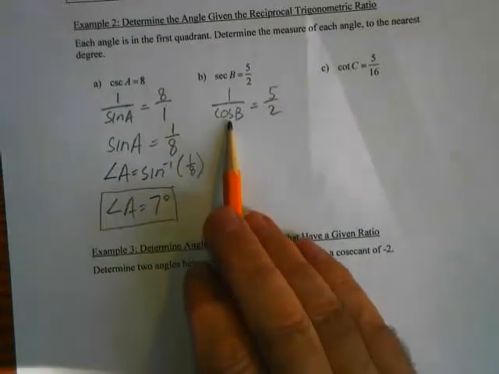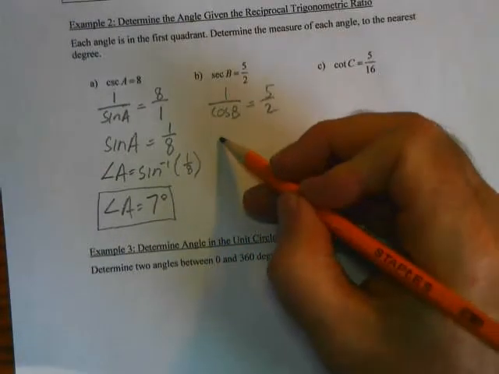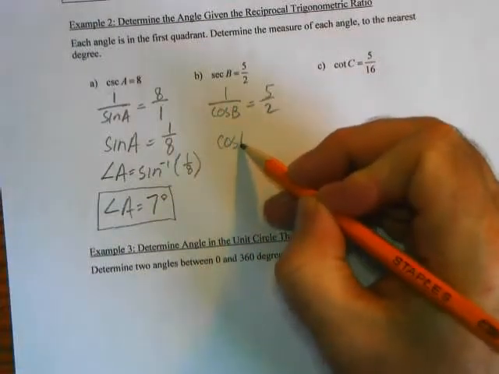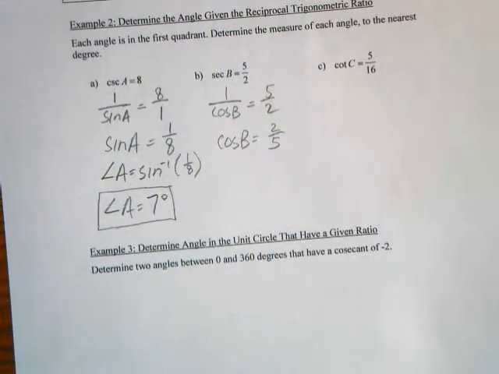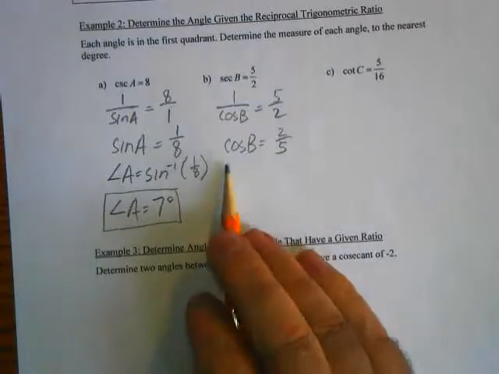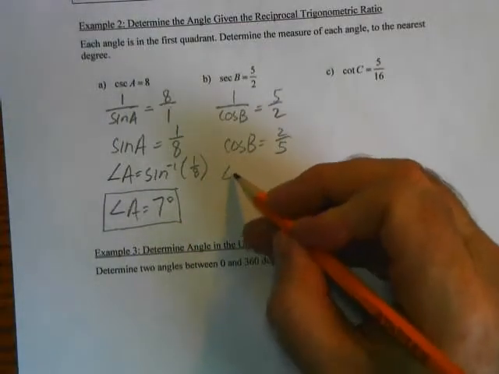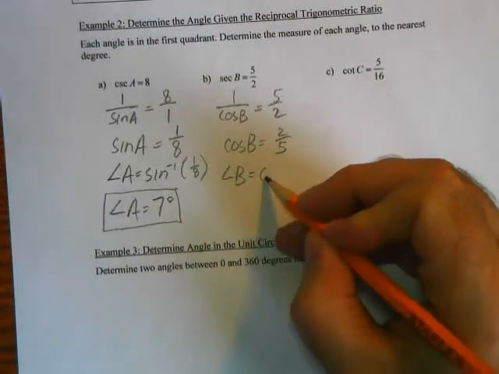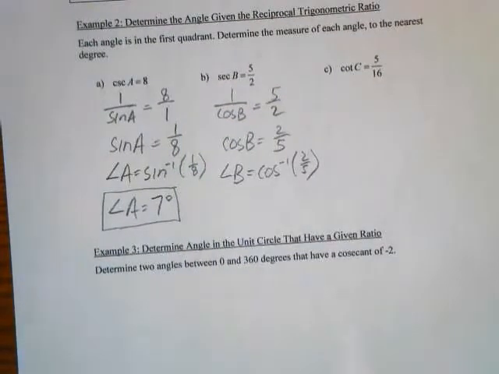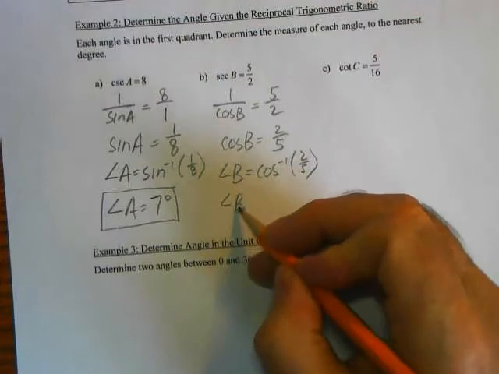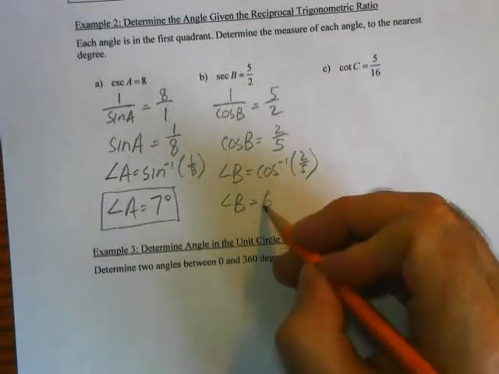And now we're going to flip both sides. So when we flip it, we get cos B is equal to 2 over 5. And again, now I can take the cos inverse of both sides to get angle B is equal to cos inverse 2 over 5. And that works out to angle B is 66 degrees.